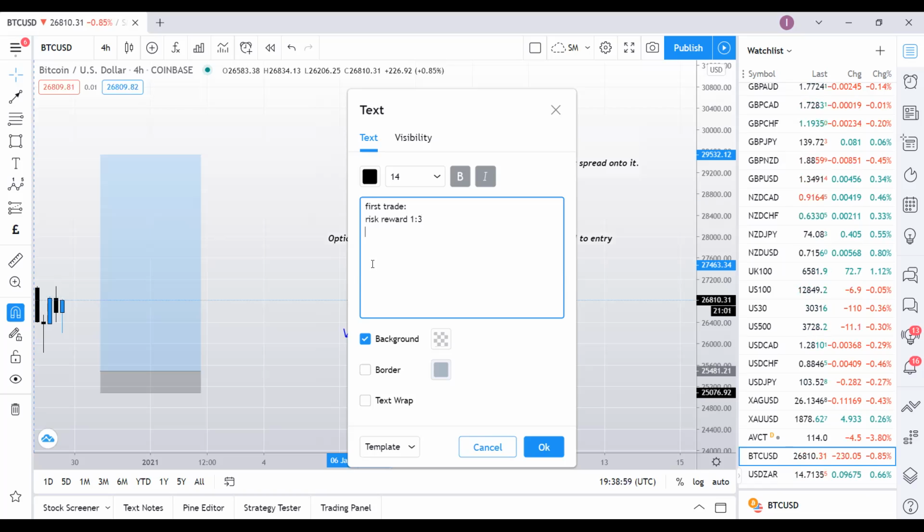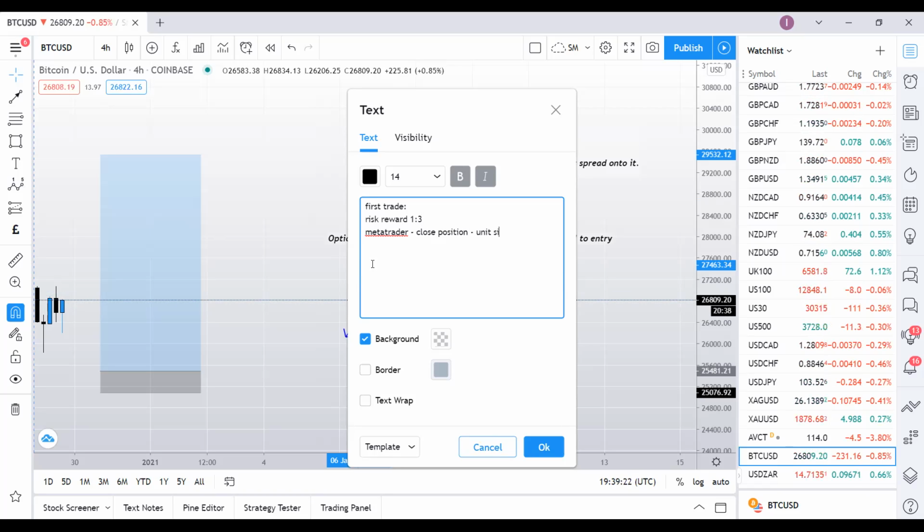So in this case, does everyone know how to halve their unit size on MetaTrader? I always get confused. Okay, so on MetaTrader, what you go to is close position.